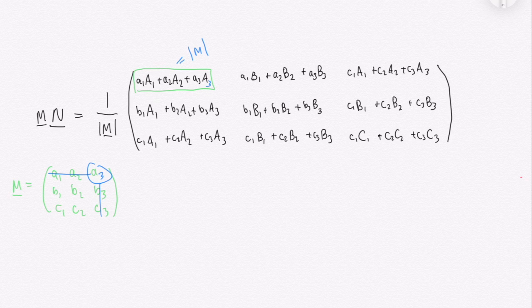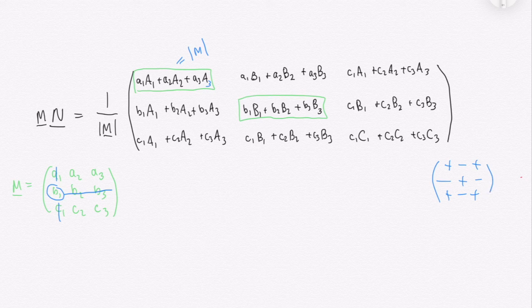Okay, so now let's take another element. Let's take the middle element and let's think about what this is. So here we take b1 and multiply by the cofactor B1, which, if we remember taking our matrix of signs, is negative the determinant of the matrix a2, a3, c2, c3. And then we take the element b2, eliminate the elements in the same row and column, and multiply by the cofactor B2, which is just the determinant of the elements a1, a3, c1, c3.